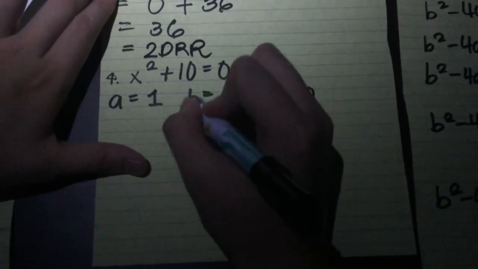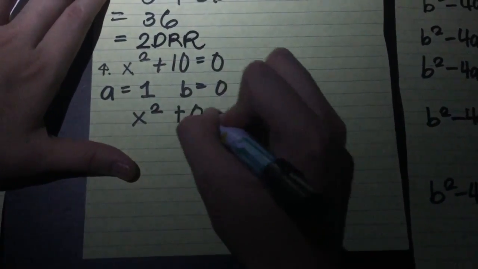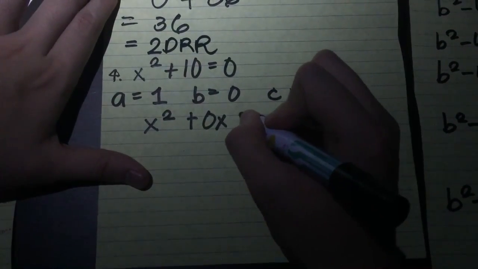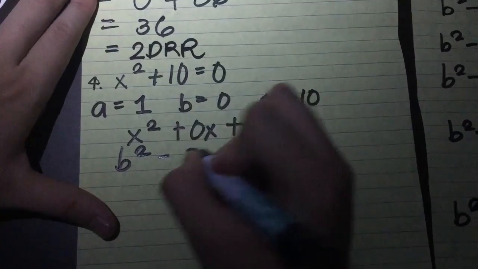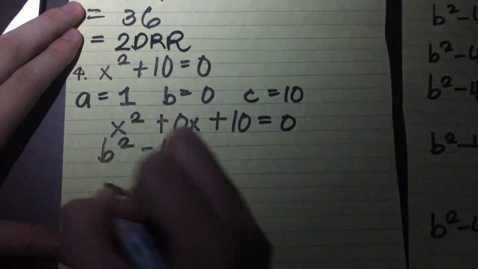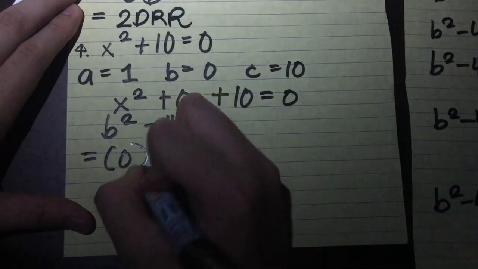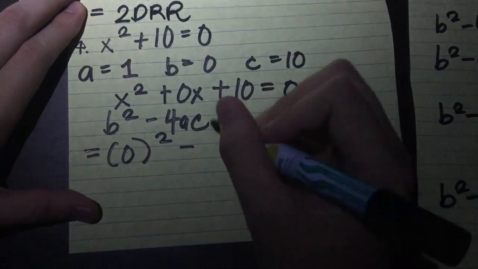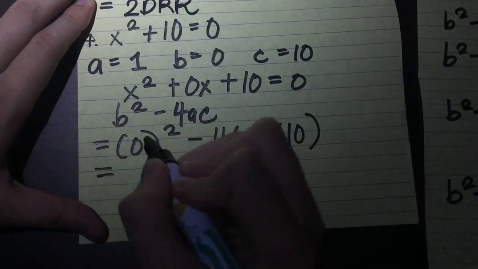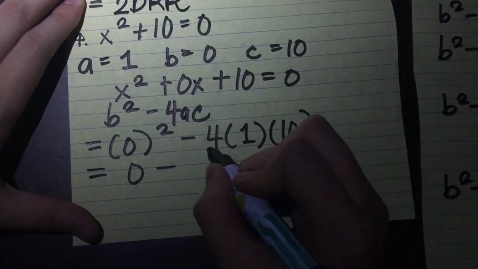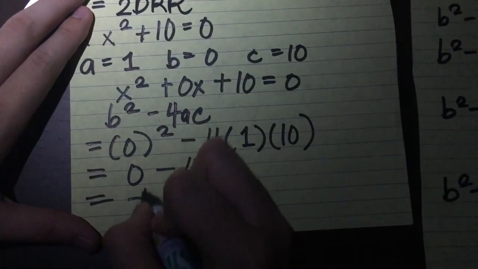Since there is no b, the equation looks like x squared plus 0x plus 10 equals 0. Using the discriminant formula b squared minus 4ac, b squared is 0 minus 4 times 1 times 10, which is 40. 0 minus 40 is negative 40.